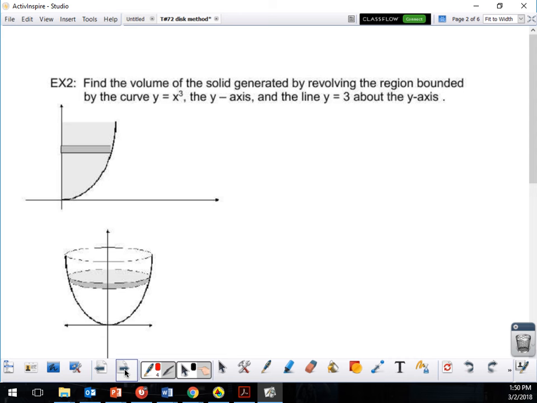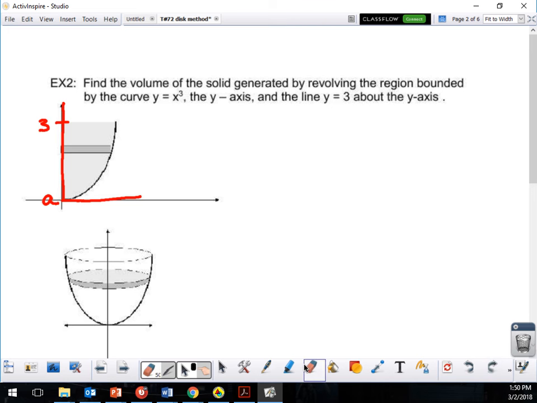So from right here, it's going to be bound from here to here. So this is my lower bound here, right? So this is my A. So now this is my height now, isn't it? Okay, and what is my B value? 3. Okay.